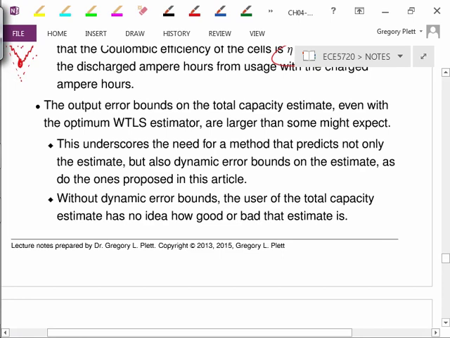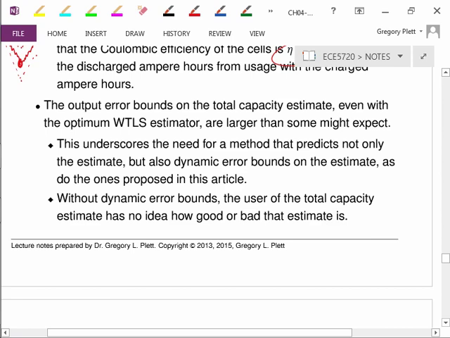The output error bounds on our total capacity estimate, even with the optimum estimator, are larger than you might have expected. If you go and look at some of those pictures, you say, wow, there's still quite a bit of uncertainty in what the true capacity is. And so this really underscores the need for a method that doesn't predict only the capacity estimate, but also predicts the error bounds.